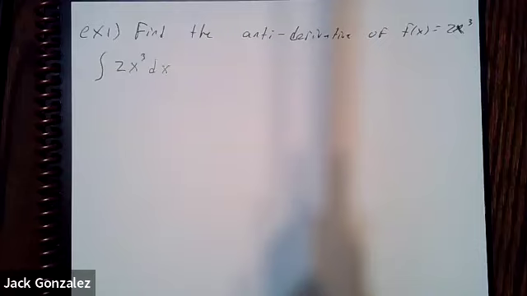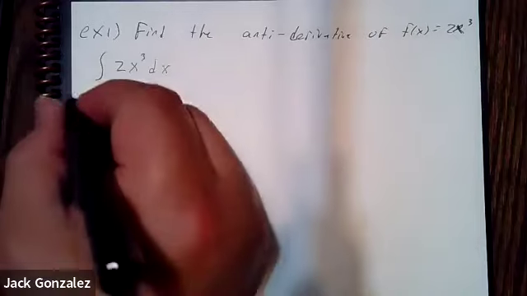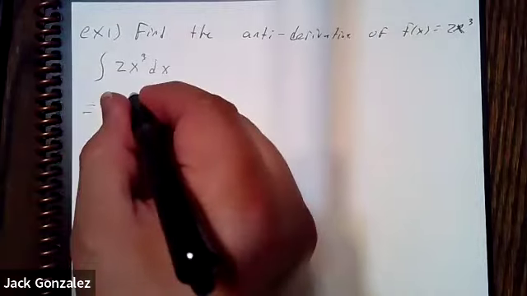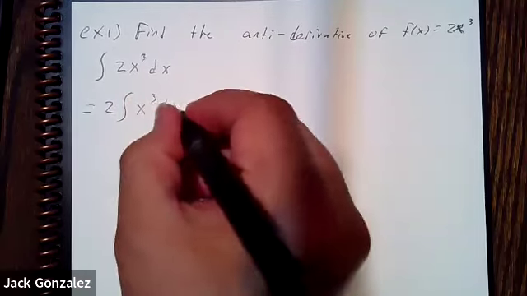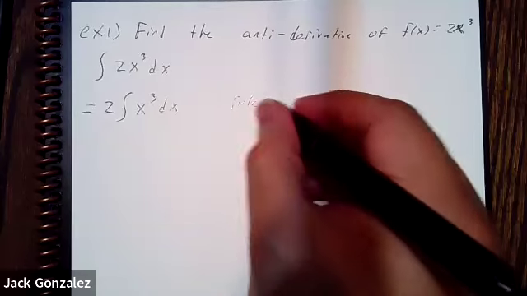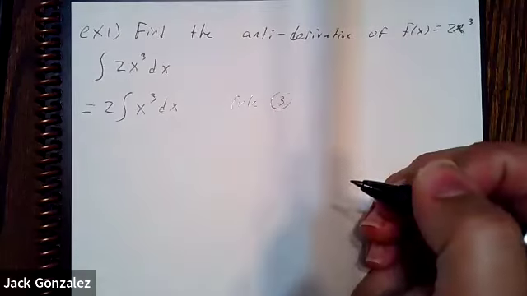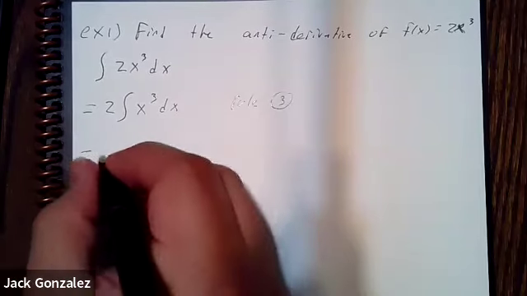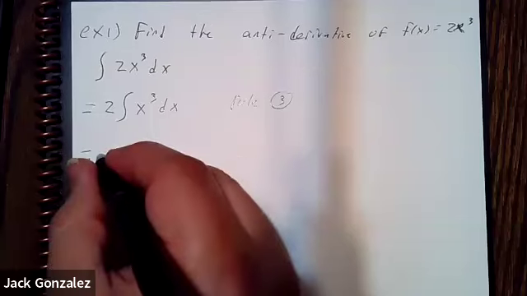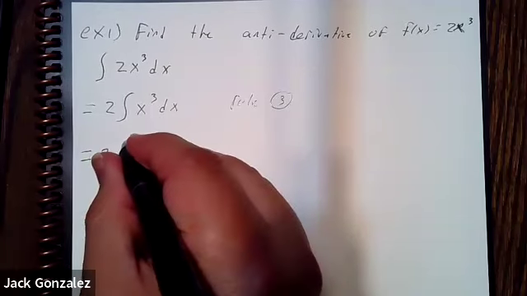So first thing we should do is move that 2 out of our way. So pull out the 2, and then just focus on the inside. So that was rule number 3. Now apply the power rule, which is rule number 5. Once you start to integrate or do the antiderivative, you no longer write the symbol.